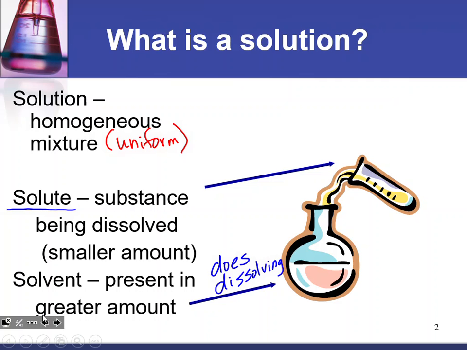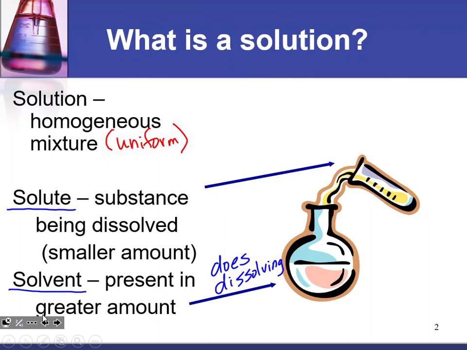Okay? So you have your solute and your solvent. Solute, once again, the lesser amount, the one being dissolved, and the solvent is the one doing the dissolving and the one that has a greater amount. Any questions on that? Pretty simple.